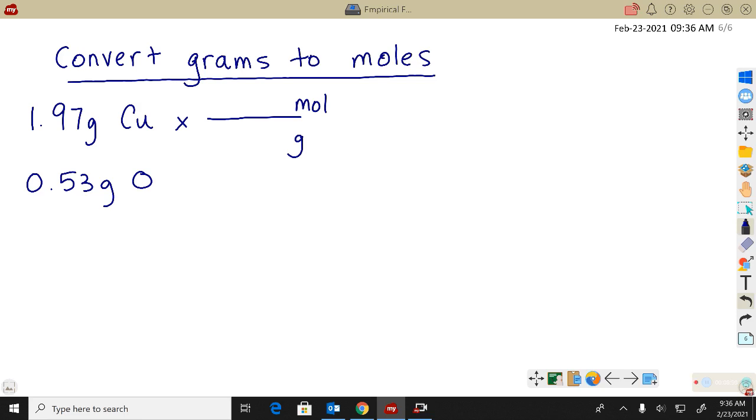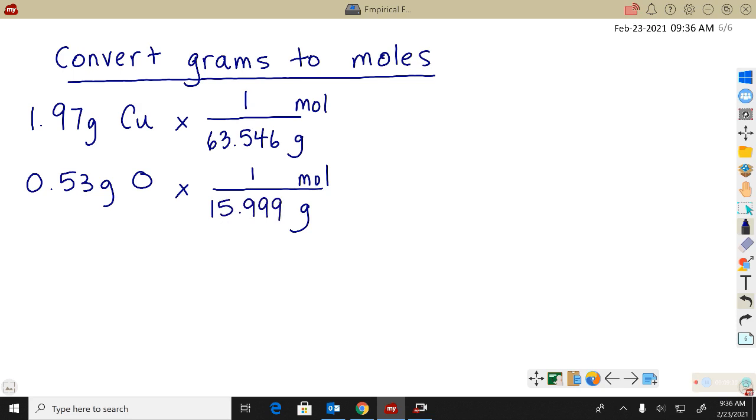On my periodic table, 1 mole is about 63.546 grams. And for the oxygen, we'll set up the same type of calculation. Get it out of grams, so I want that on the bottom. It'll cancel. I want moles on the top. And my periodic table says 15.999.